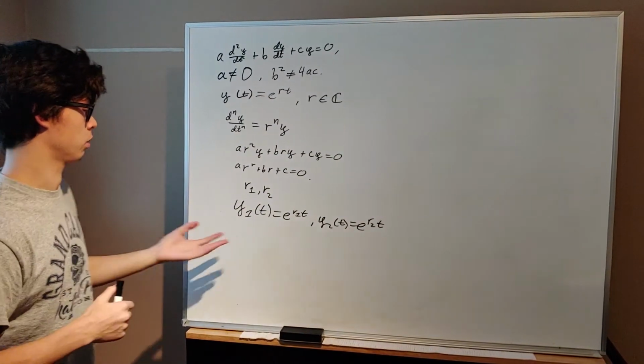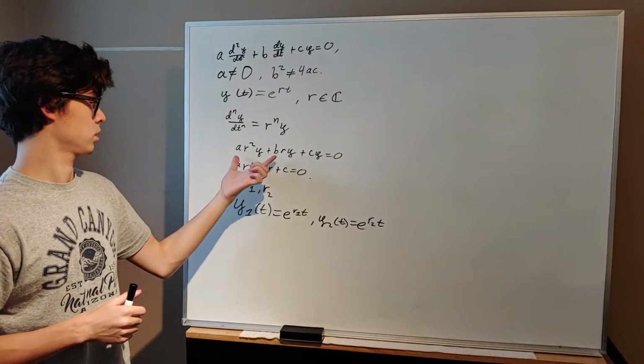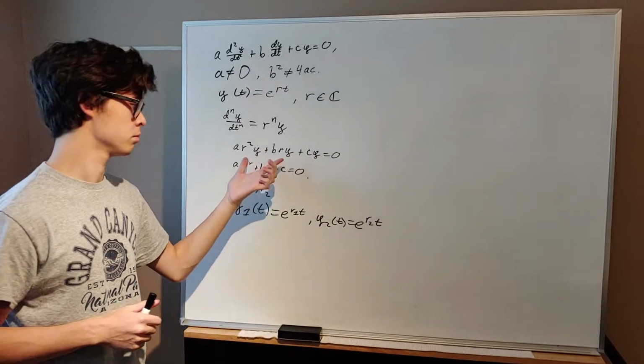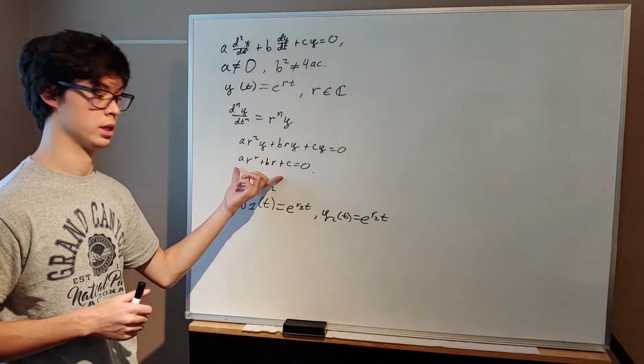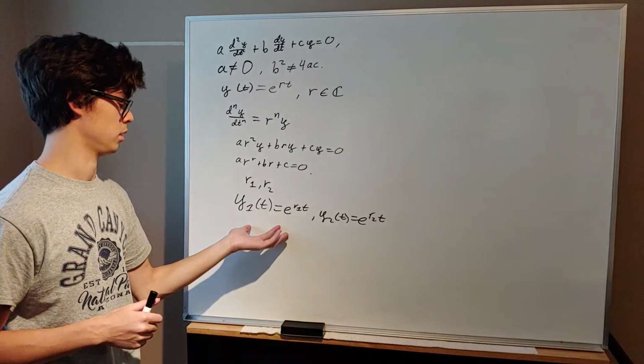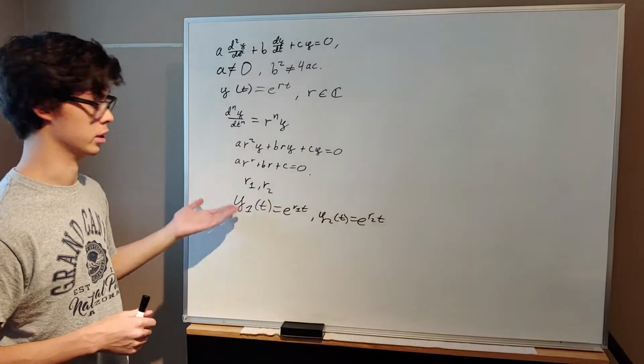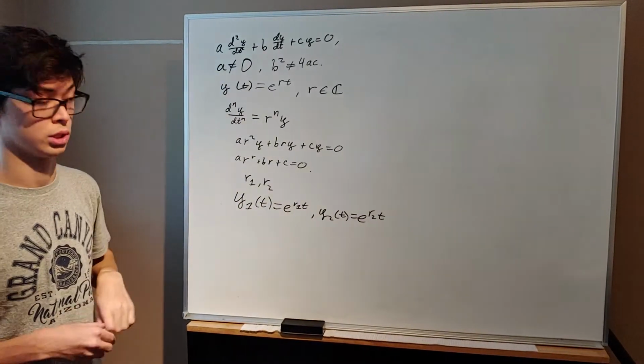And of course, when we plug these in, we will get this equation. Dividing out by y, we get this, and since r1 is a solution to this, we know that we actually get 0. So this is in fact a solution to our differential equation.